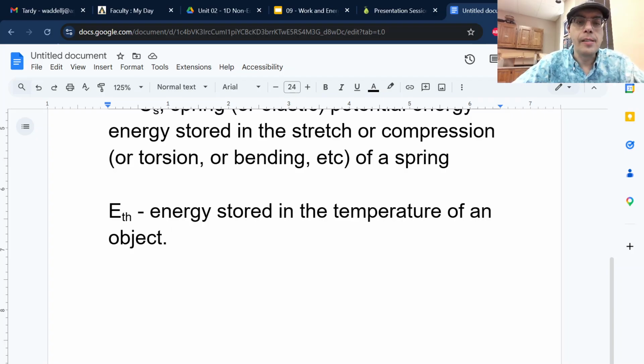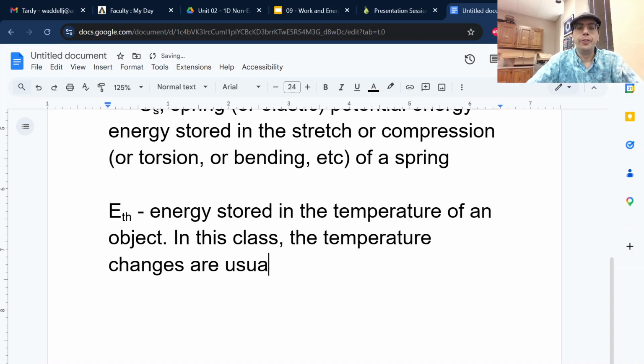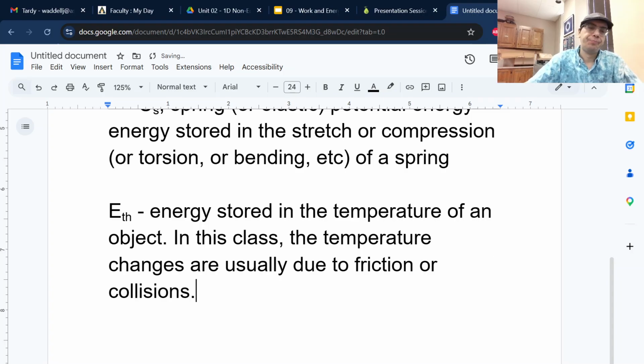What I was, oh yeah. In this class, the temperature changes are usually due to friction or collisions. Yeah, so things also change temperature if you squish them.